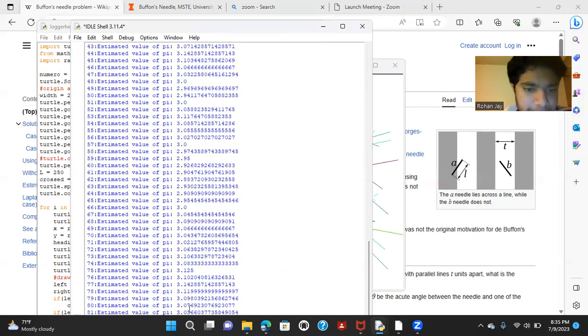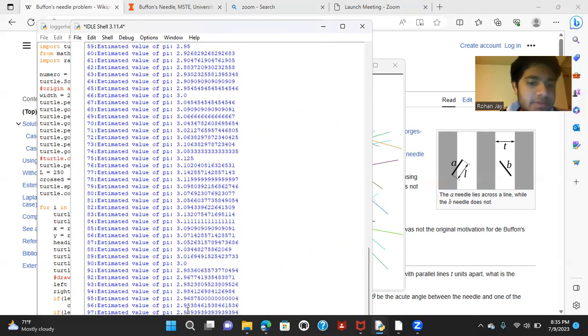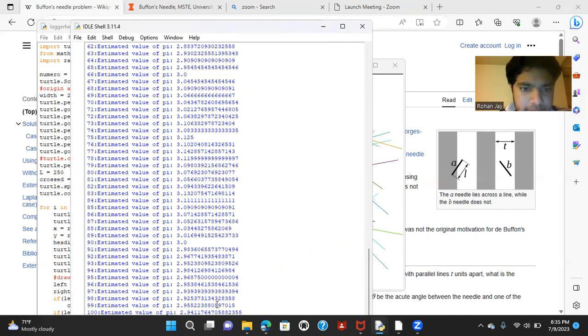And see, we're going to something even closer to 3.14. It seems to have diverged a little here, but here we get it pretty close.